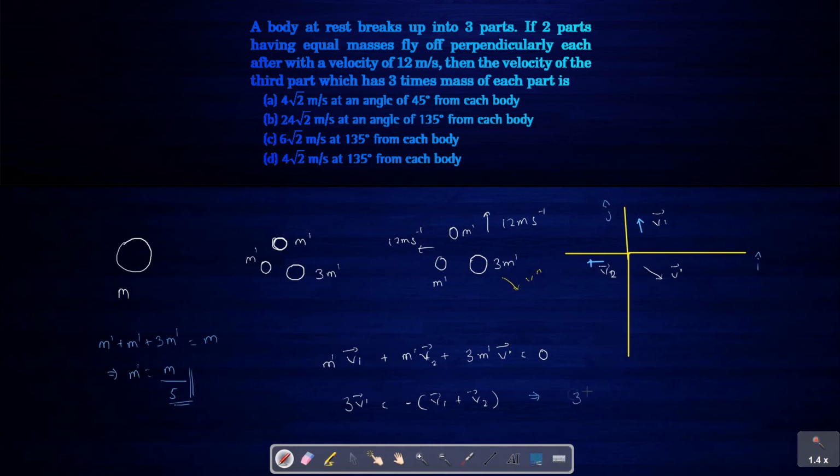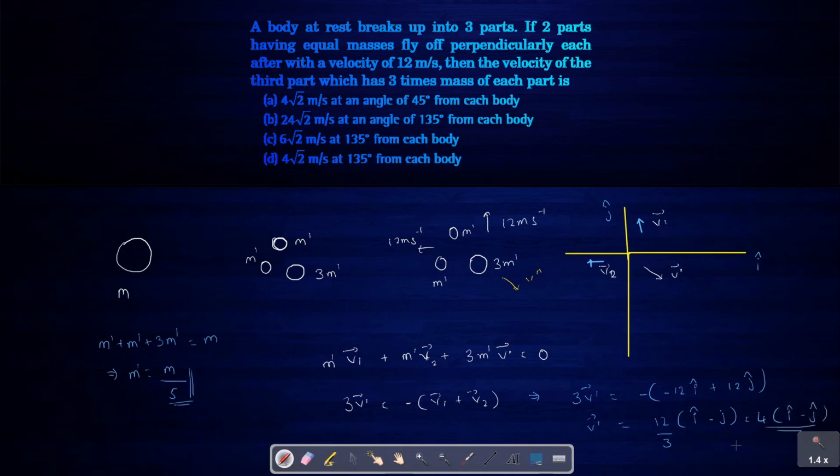Then 3v dash bar is equal to minus of minus 12 i cap plus 12 j cap. This is equal to 12 times i minus j, so v dash bar equals 4 times i cap minus j cap.